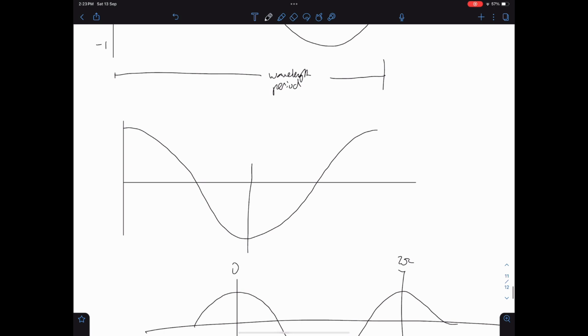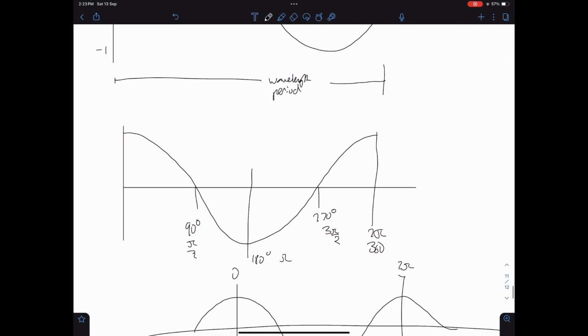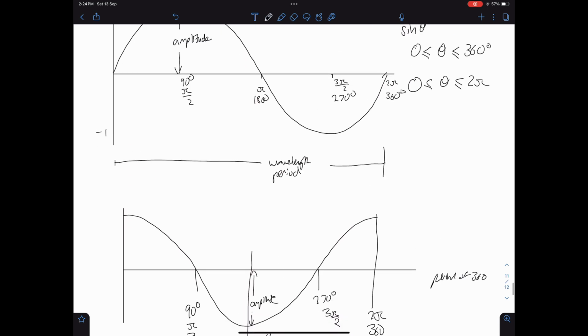And again, 180 or pi, 2 pi or 360, 90 degrees or pi over 2, 270 degrees, 3 pi over 2. And this part's your amplitude. And again, it's got a period of 360 degrees.